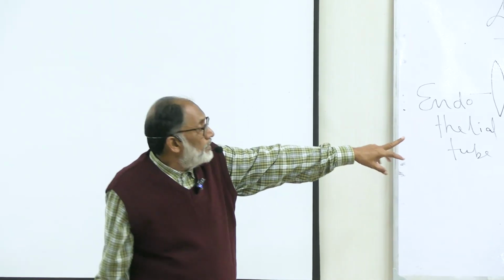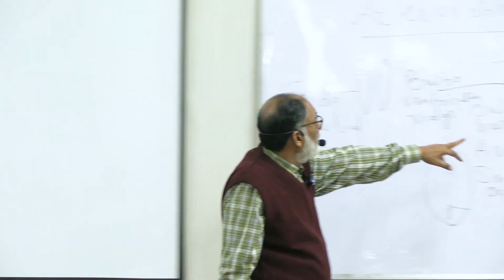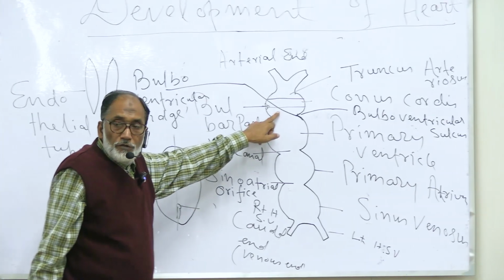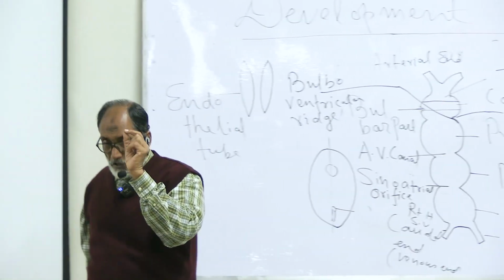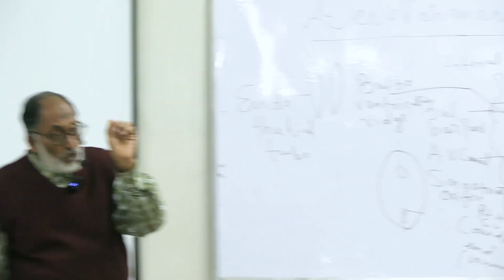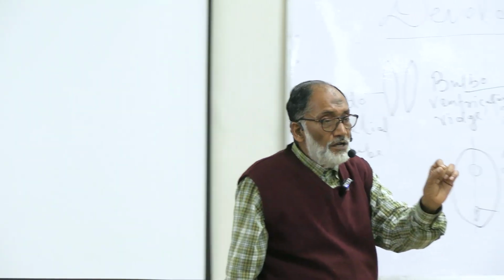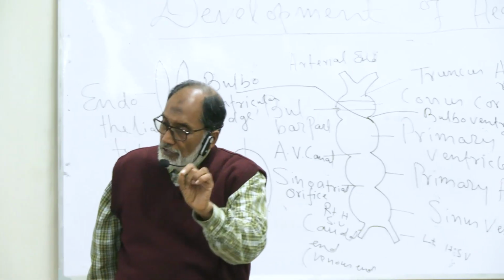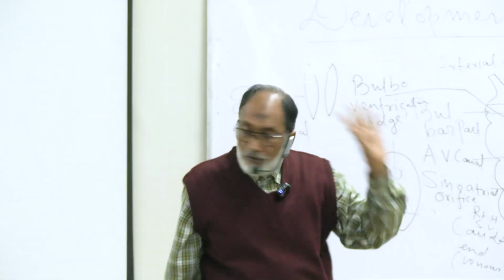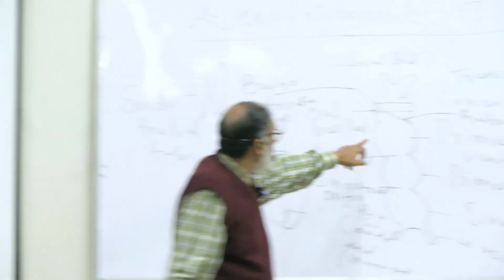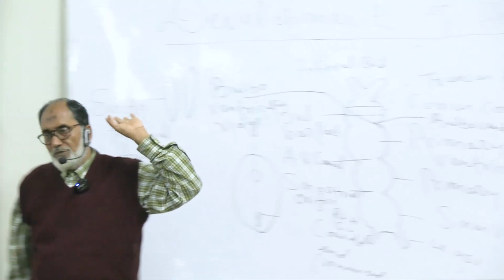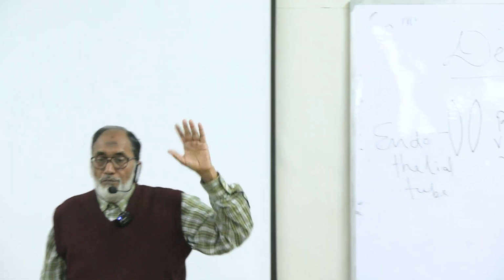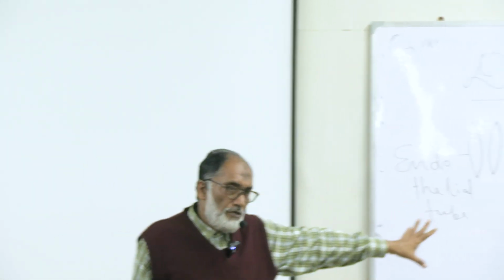From the proximal part of the bulbar part, it will give rise to the rough part of the right ventricle. The left ventricle will develop from the primary ventricle, and the rough part of the right ventricle will develop from the proximal third of the bulbar part. Right?